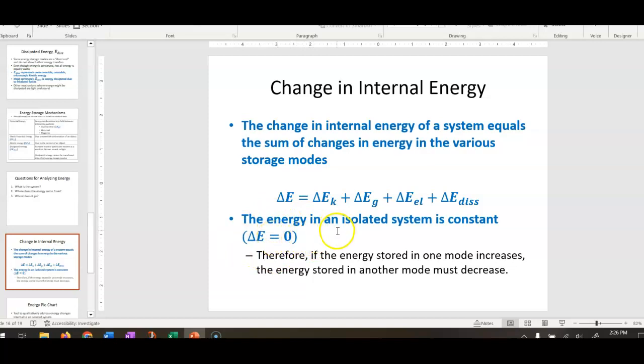And so that means that if one of the modes increases, then another of the modes has to decrease. So if kinetic energy increases, for example, maybe gravitational energy falls, but the sum of them has to stay the same, because at the system level, there can be no change in energy if the system is isolated.